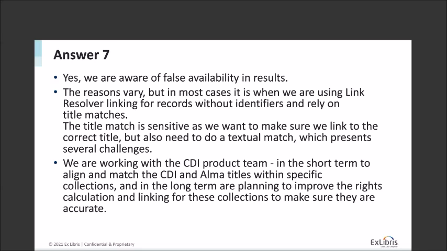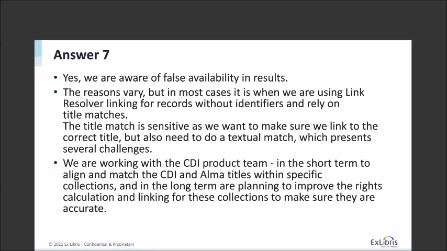The reasons for this vary, but I want to focus on the most common scenario. In most cases, this happens when we are using link resolver linking for records without identifiers, and we rely on title match.